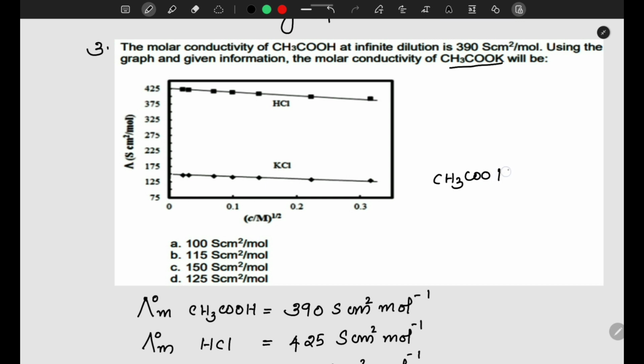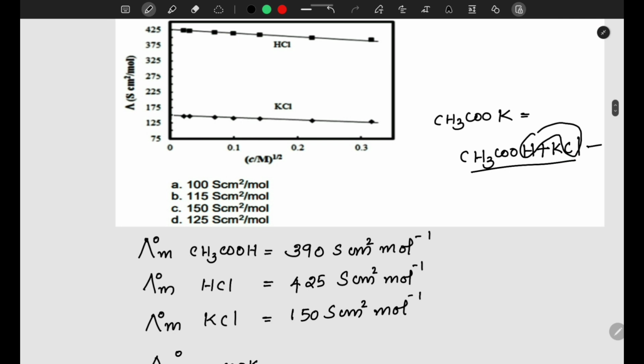CH3COOK is equal to CH3COOH plus KCl. So we can take the sum of the molar conductivity of these two, and from that we can subtract the limiting molar conductivity of HCl.